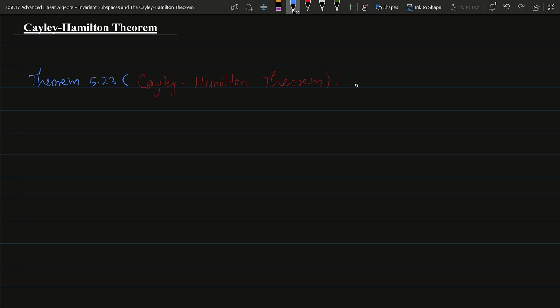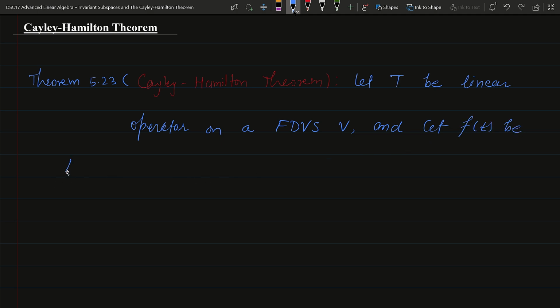This theorem says, let T be a linear operator on a finite dimensional vector space V, and let f of t denote the characteristic polynomial of T. Okay, then when we replace this lowercase t by uppercase T, that means the linear operator T, then the resultant linear operator is equal to T naught.